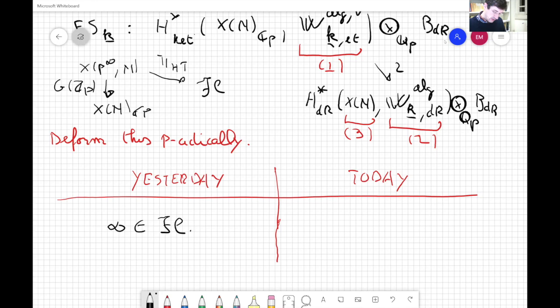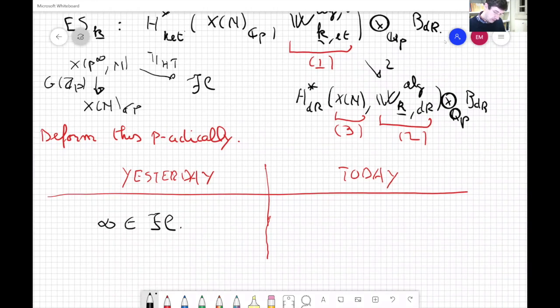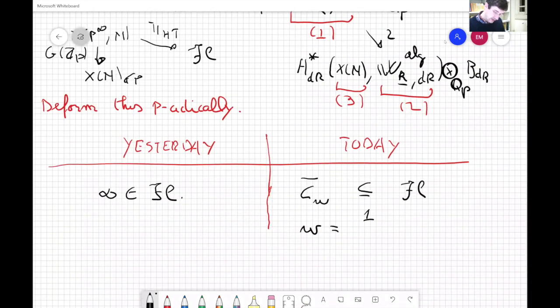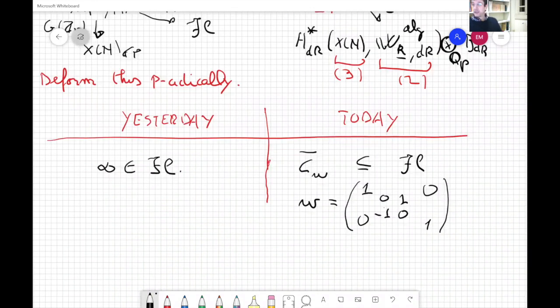And today, instead, we will work with the closure of the Schubert cell inside the flag variety associated to the element in the Weyl group that is realized inside the symplectic group in this way.